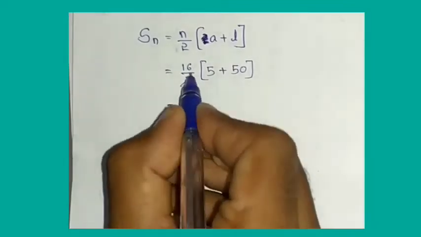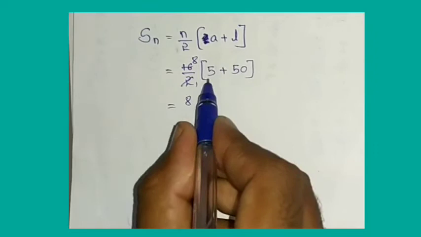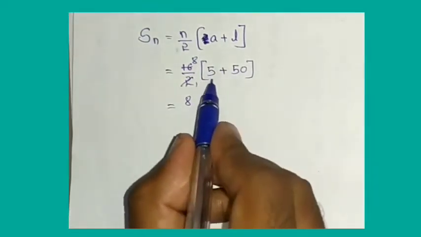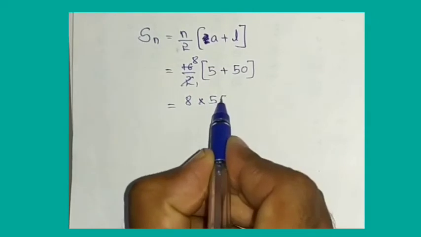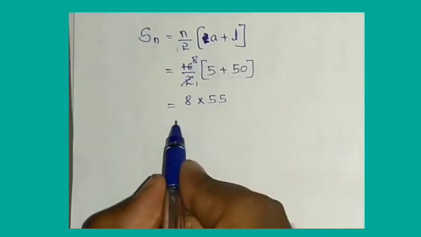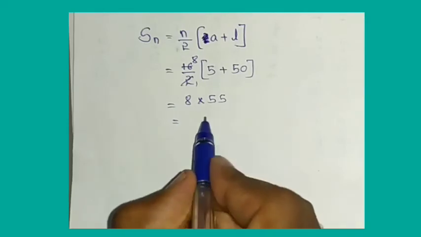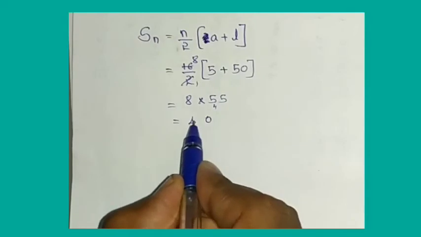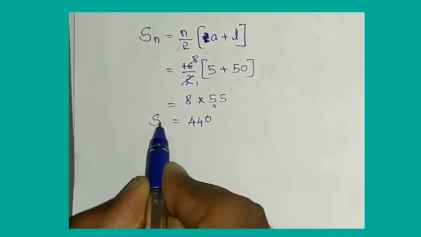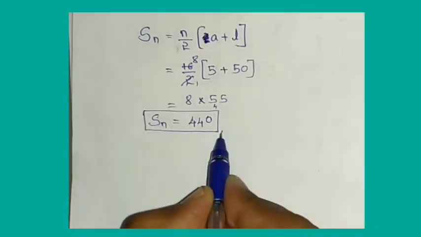So 2 8s are 16, so 8. So now solve the bracket, 5 plus 50, it will be 55. So 8 into 55. 8 5s are 40, carry 4. 8 5s are 40, 40 plus 4, it will be 44. So our Sn will be 440. This is our answer.